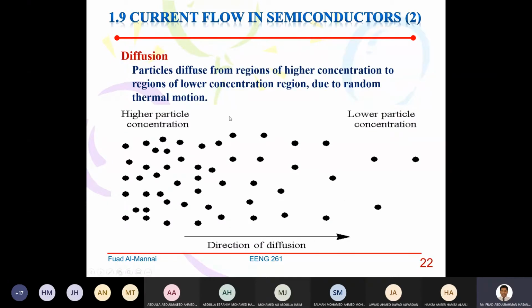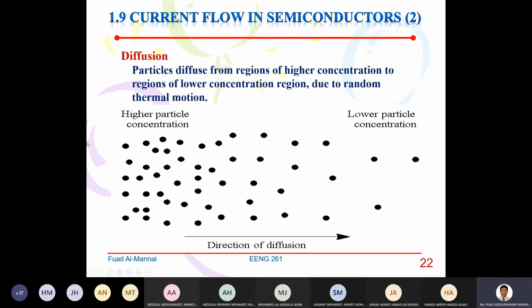Diffusion is the second one. Particles diffuse from a region of higher concentration to regions of lower concentration due to random thermal motion.